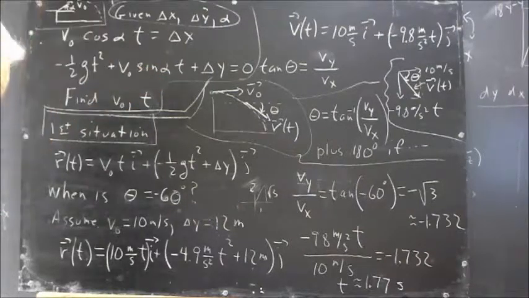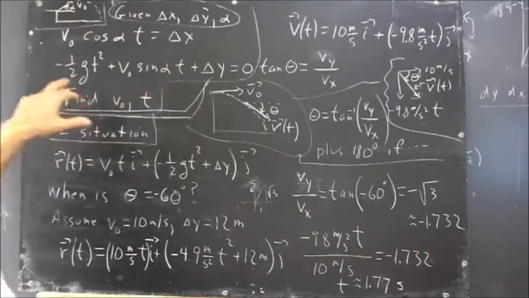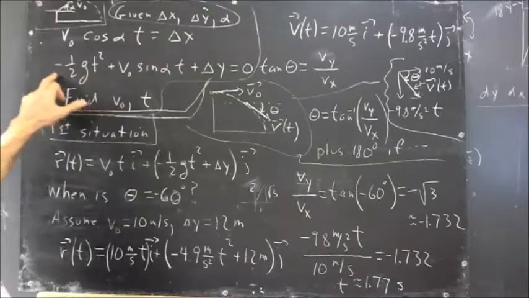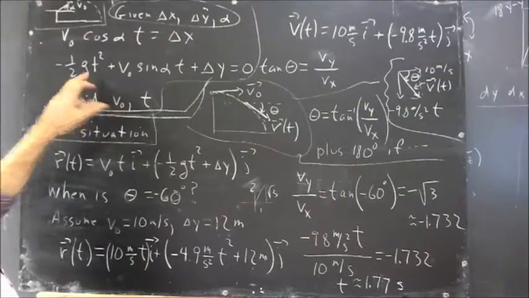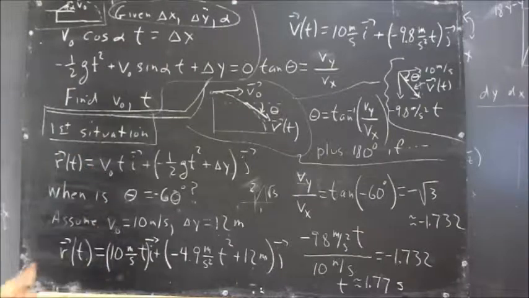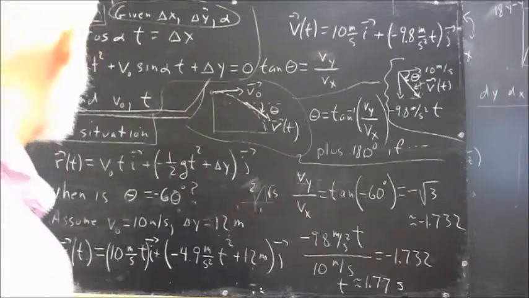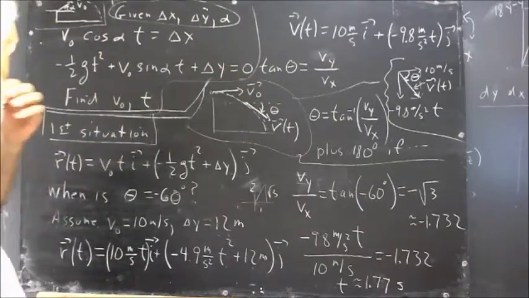These equations are going to apply either way. In any case, the initial y velocity is V0 sine alpha times t. The y acceleration is g, so we get the negative 1/2 g t squared from integration. If you want to memorize the formula, okay, but if you get asked to integrate it, you're going to need to do that. And delta y. So all that adds up to 0.